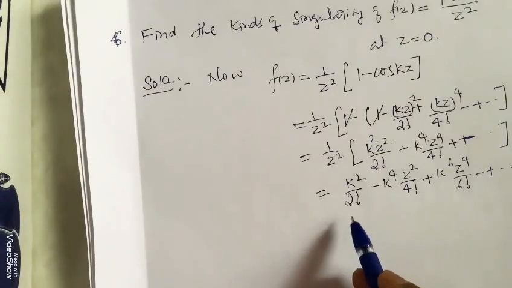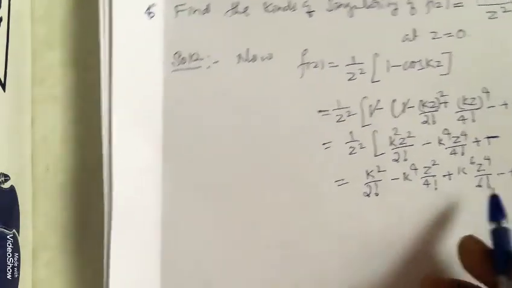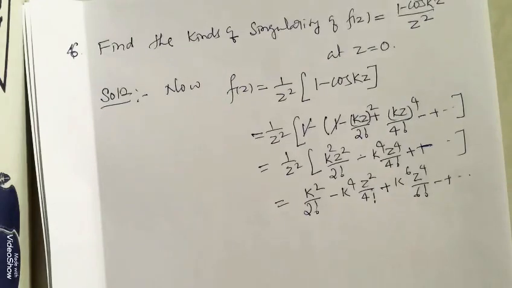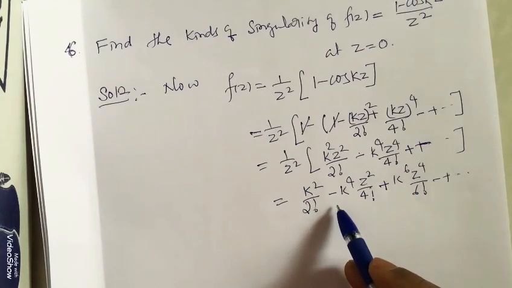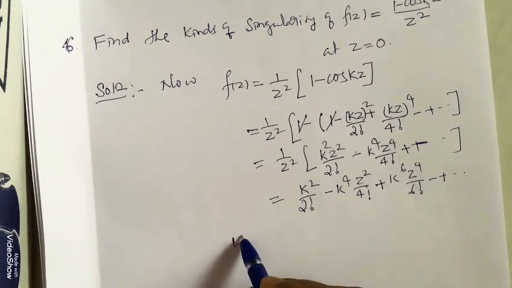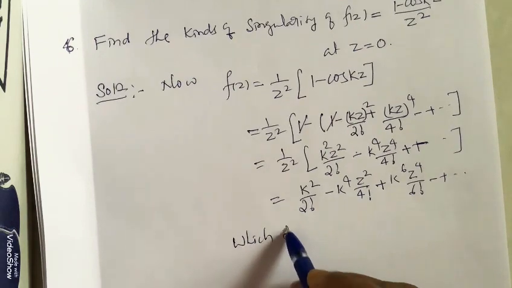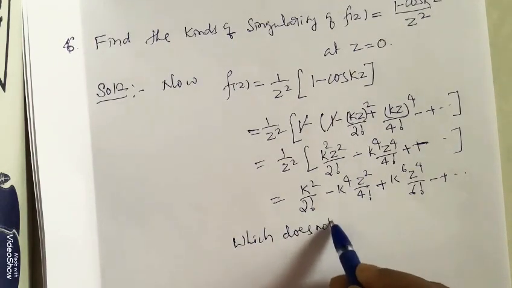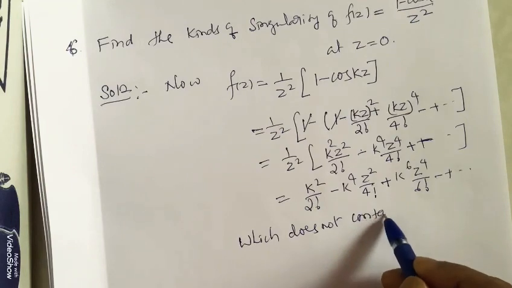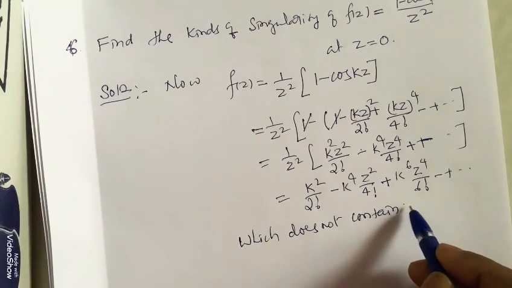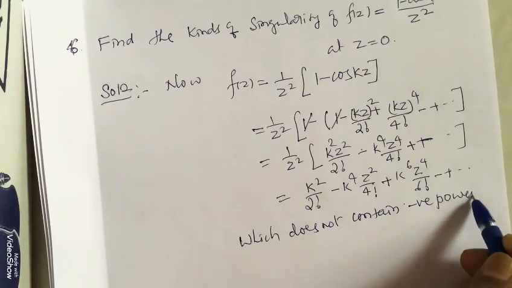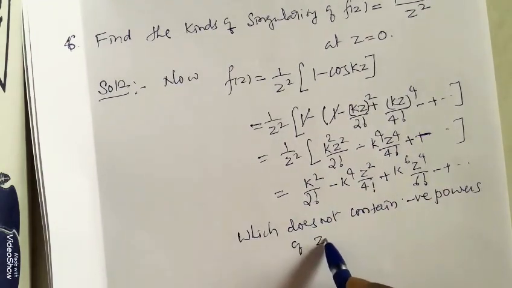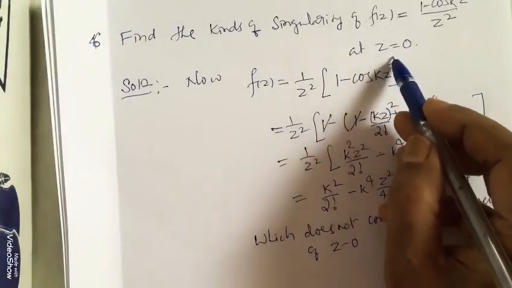So this is not having a negative power of z minus 0 here. It does not have the principal part, which means it doesn't contain negative powers of z minus 0 here, because it is asked at z is equal to 0.